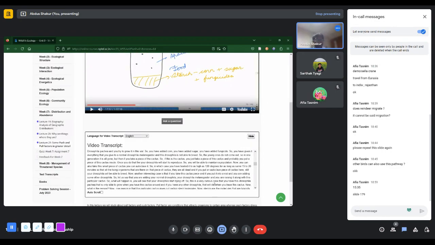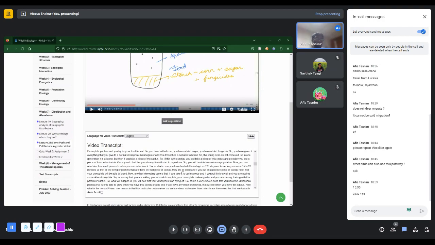So what they are trying to say here especially is, if you now add cactus and Drosophila melanogaster, which is a fruit fly, a species of Drosophila that has not co-evolved with cactus, it will die, right?